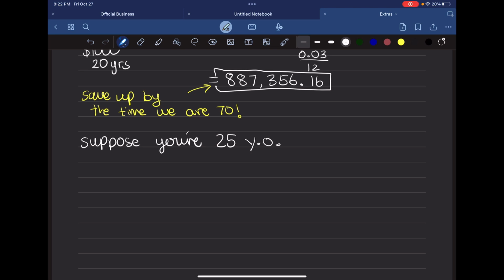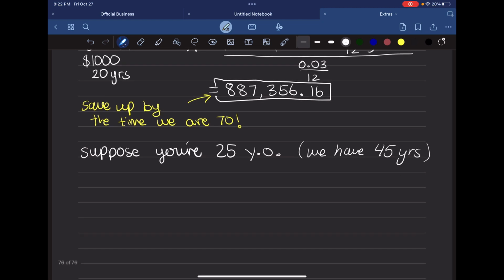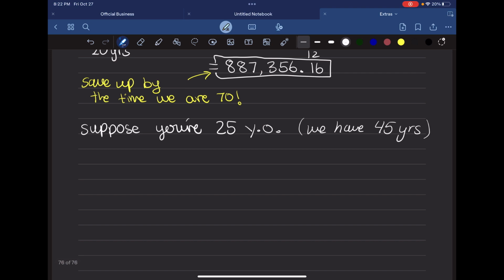So then between now and 70 years old, we have 45 years. And so we can plug all of the information that we have into our savings annuity formula.